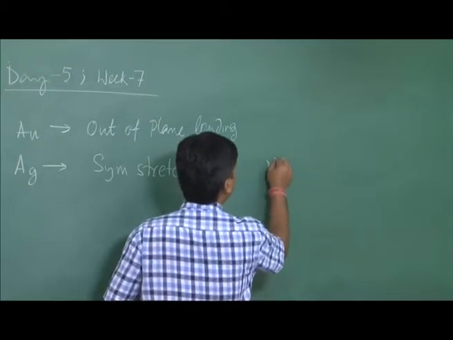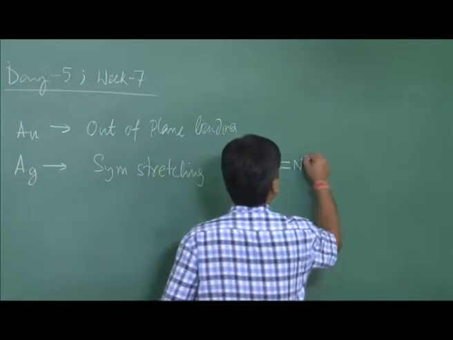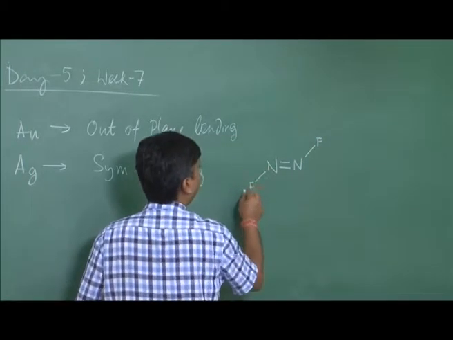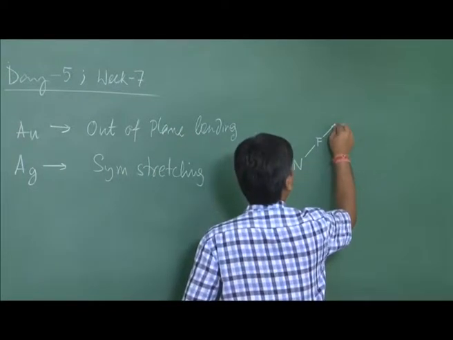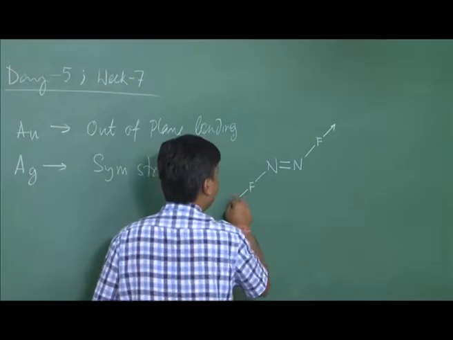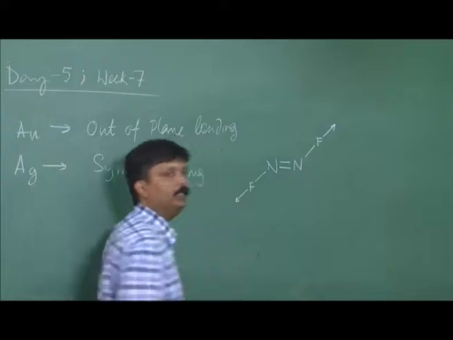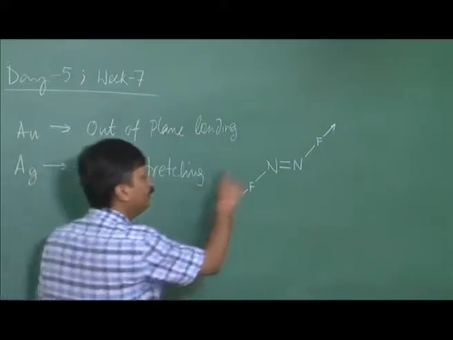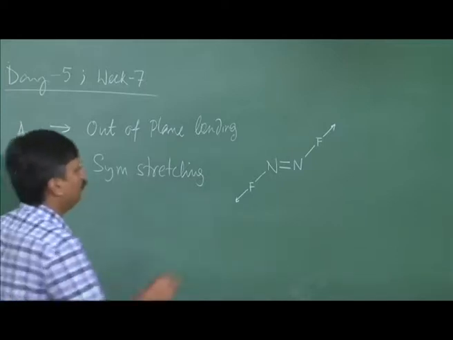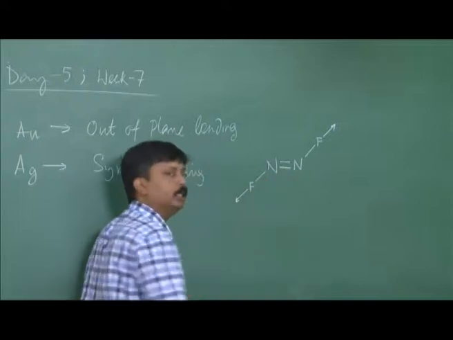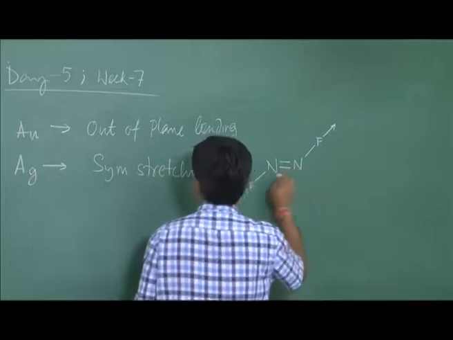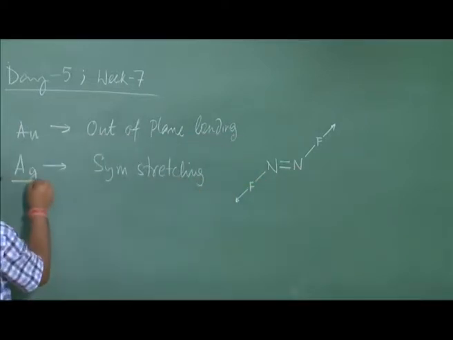Because it is concerned with the NF bond distance. So, the NF bond will increase in both the directions in equal manner. If it has to contract, both of them will contract in the same manner, and then only it will belong to Ag representation. So, this particular mode is obviously the symmetric stretching mode, and of course belongs to Ag.